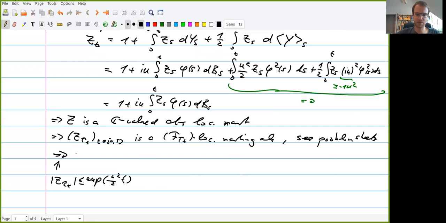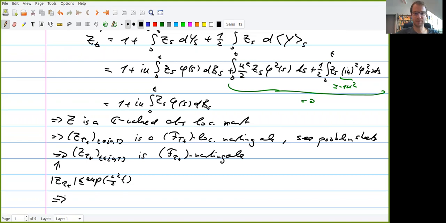Okay, so we have a bound, which means this is not only a local martingale, it's actually a proper martingale. Because we can just apply dominated convergence to get rid of the localizing sequence, because we have this upper bound here.